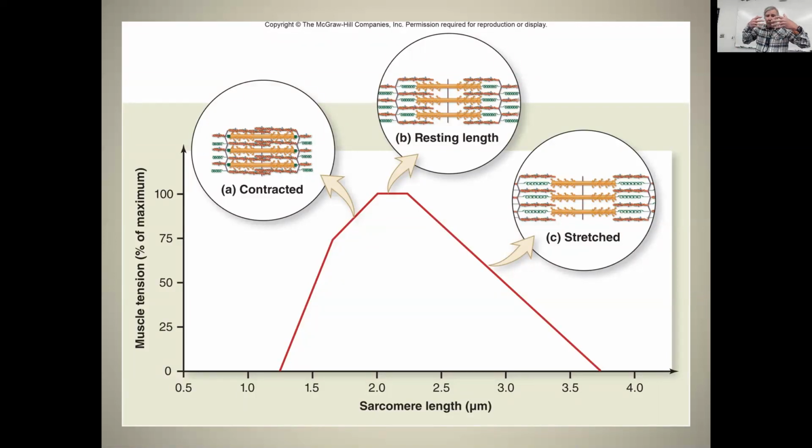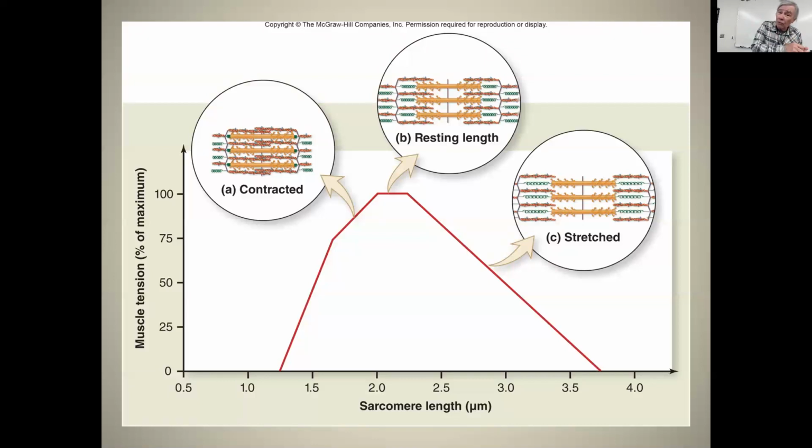So you have a nice big H space right here, so you have enough room to contract, but if they overlapped a little bit too much, then there's less room for them to contract. I mean, the ends of the myosin filaments are closer to the Z line than they were before, so they can't contract as much. If they're overstretched, then there's not as many myosin cross bridges attached to the actin as normally because it's overstretched. So the fewer number of cross bridges attaching means less tension generated.